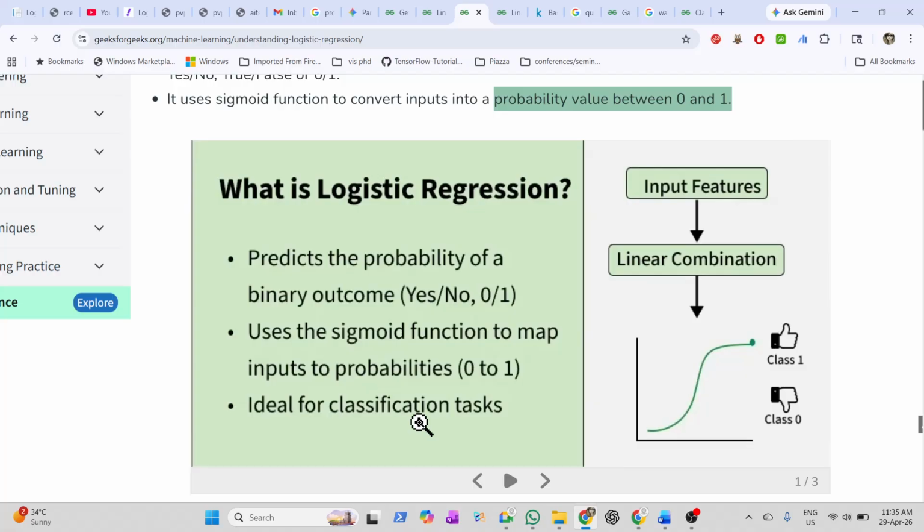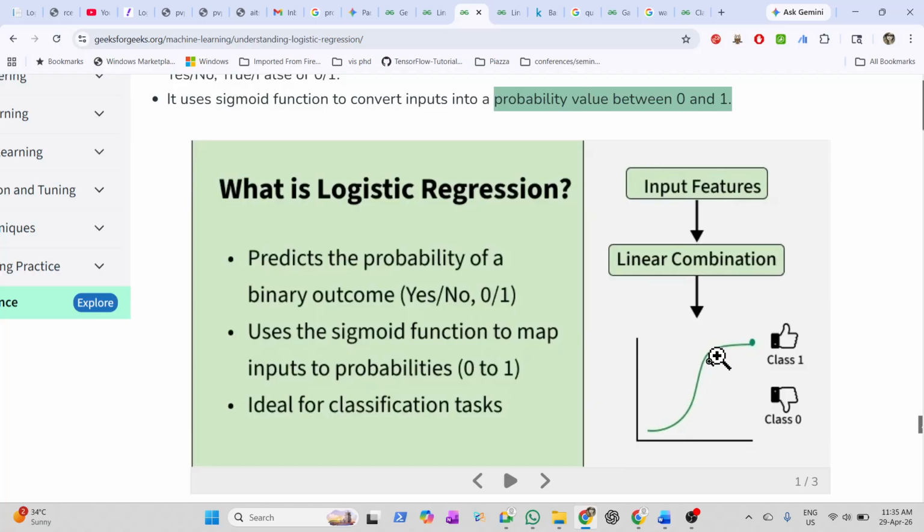It is ideal for classification, and its working is that it takes input features, and it is a linear classifier. Logistic regression is a linear classifier, so through a linear combination it gets the output, and on that output it applies the sigmoid function, this S function.